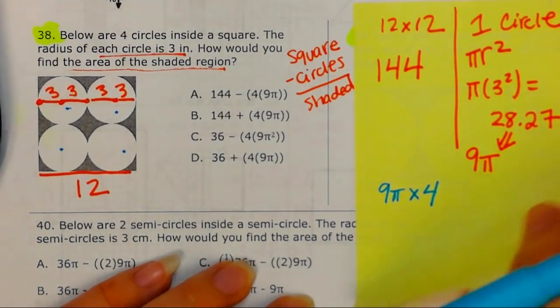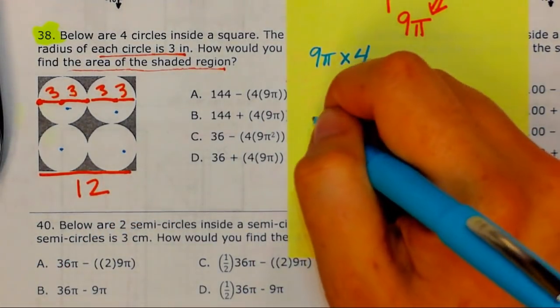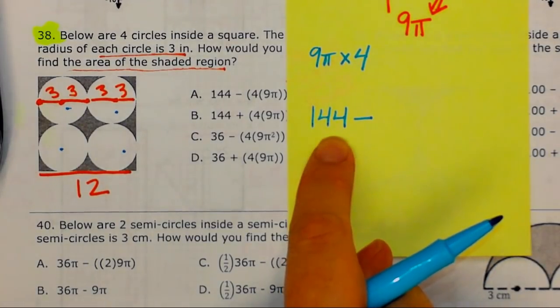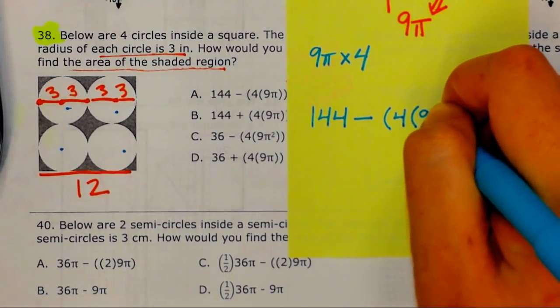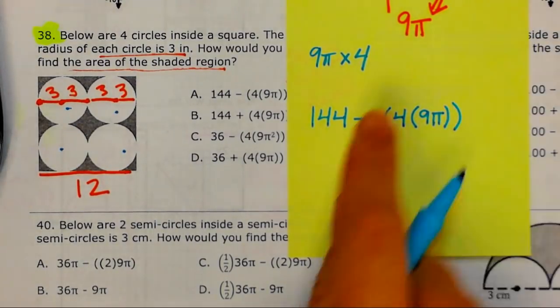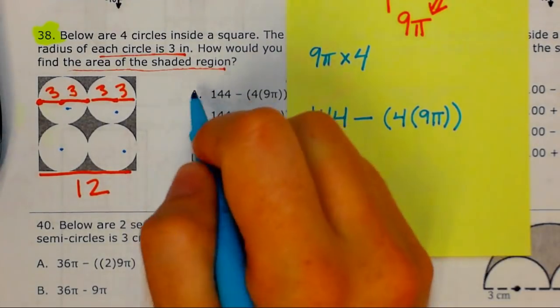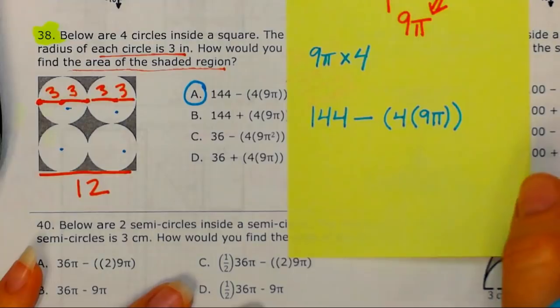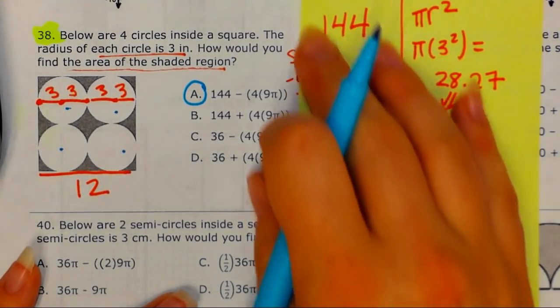So if we were leaving everything in terms of pi and kind of unsolved, the idea is that we would take the area of the square, which is 144, and subtract 4 times the area of one circle. So 144 minus 4 times 9 pi. So that's A.